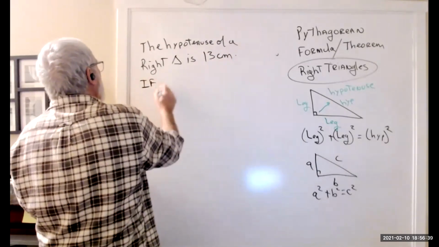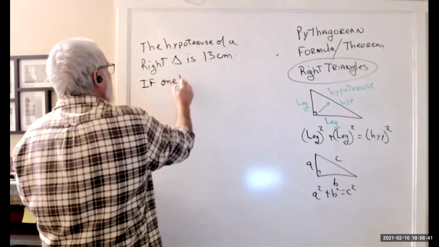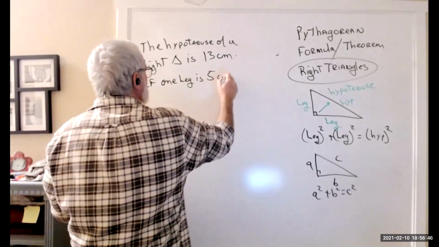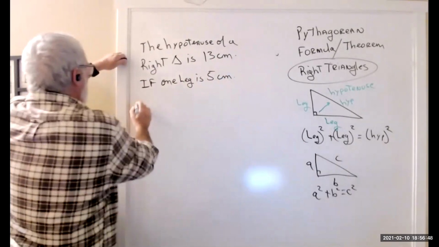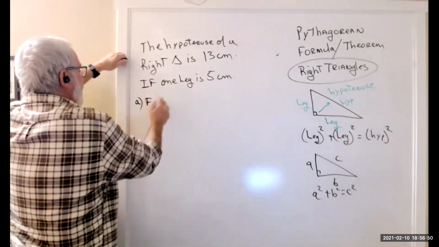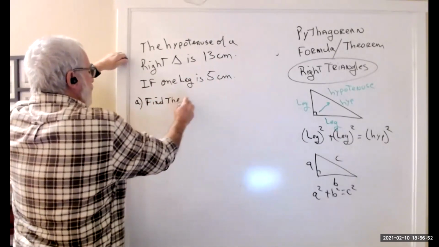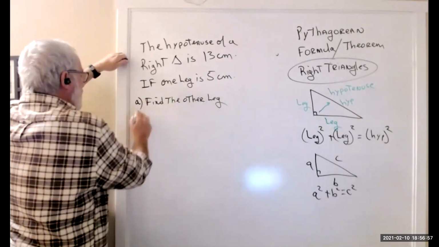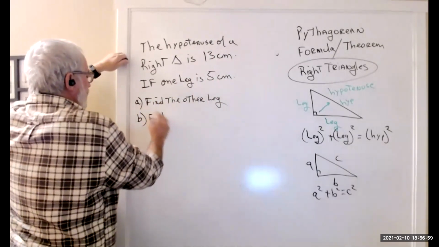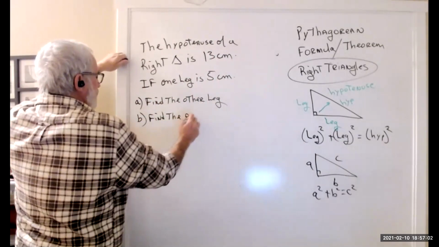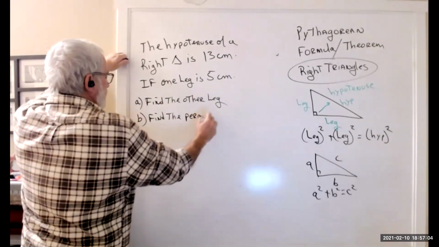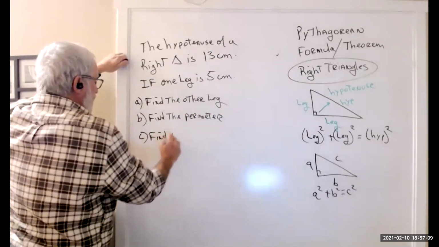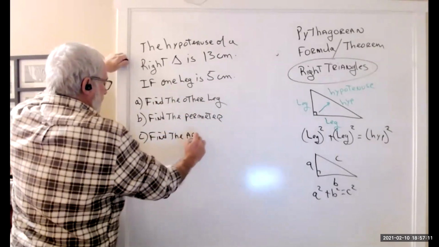If one leg is 5 centimeters: A, find the other leg. B, find the perimeter. And C, find the area.